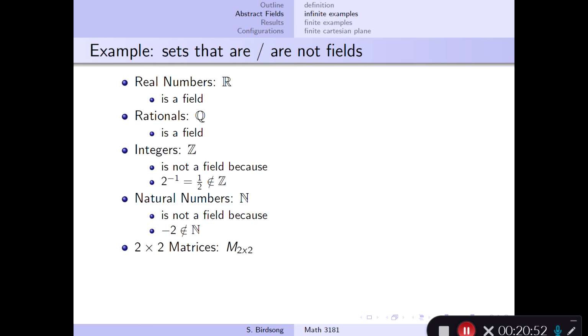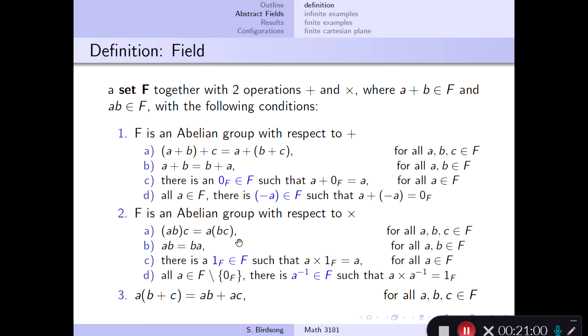So if you look at your 2 by 2 matrices, and let me go ahead and jump back here to our definition of a field, and we'll walk through it. If we're looking at 2 by 2 matrices, add any 2 by 2 matrix, you're still in your field. Multiply your 2 by 2 matrices together, you're still going to be a 2 by 2 matrix, so still in the potential field.